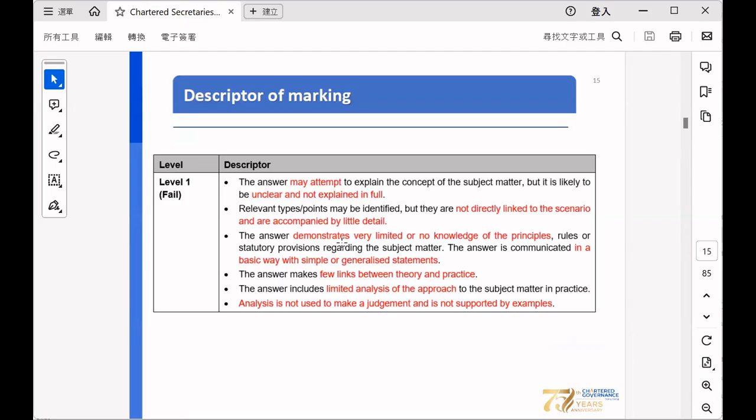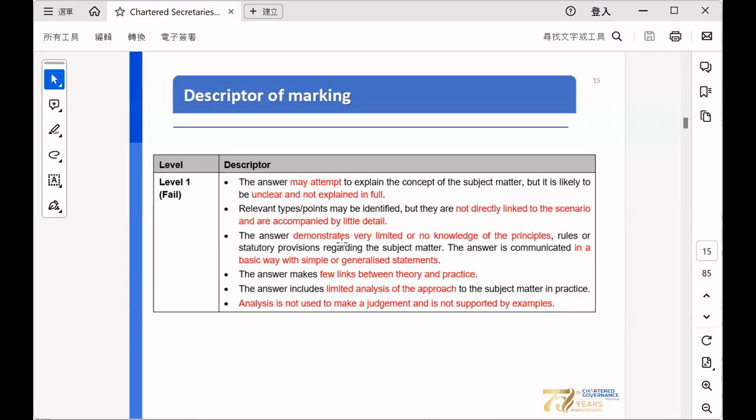Now, the next thing most candidates may omit is the marking criteria. In the marking scheme, they do give some description of the marking, and this is what the examiner or the marker will also look at.